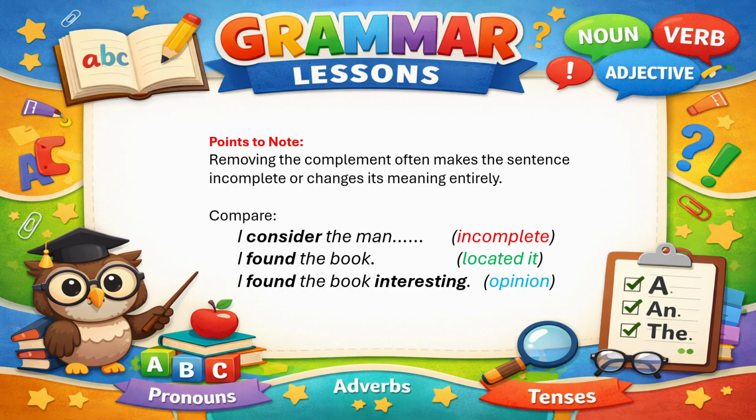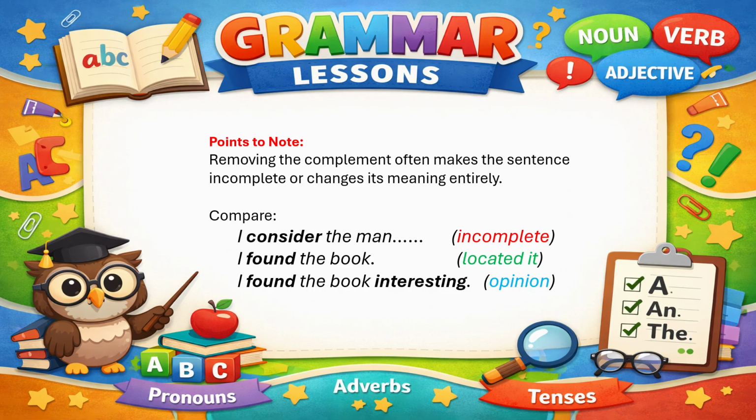There are some points we need to note. That is, if we remove the complement, two different things happen. One, either the sentence becomes incomplete or the meaning of the verb changes. Let us understand this through the examples. Let's compare these three sentences.